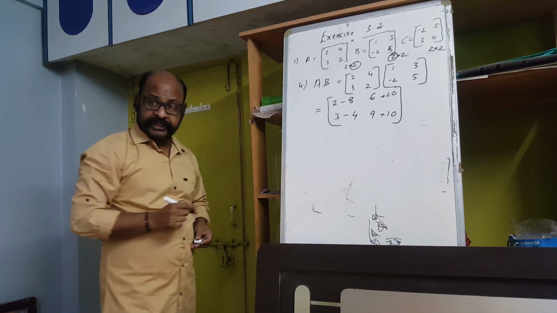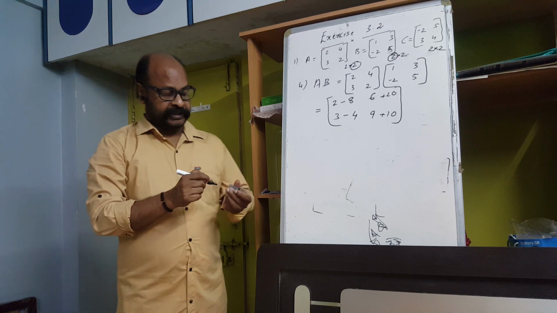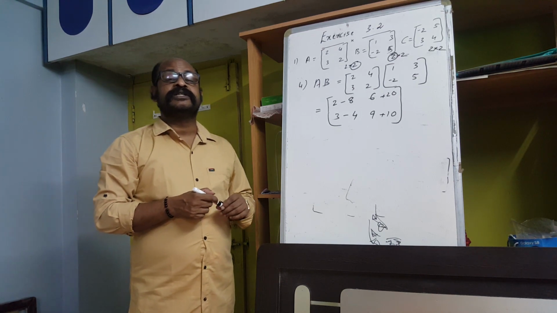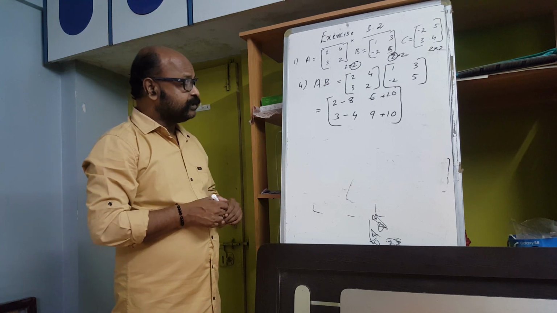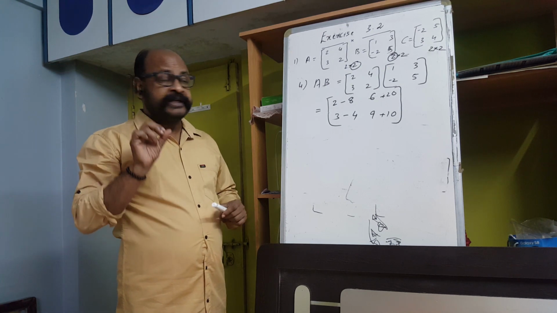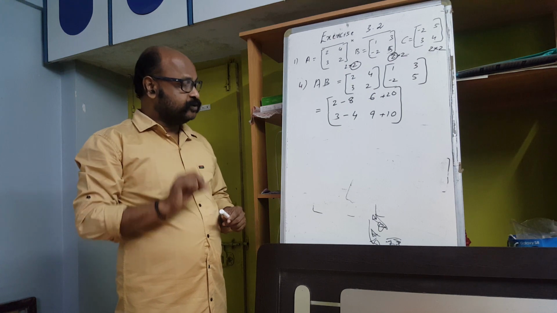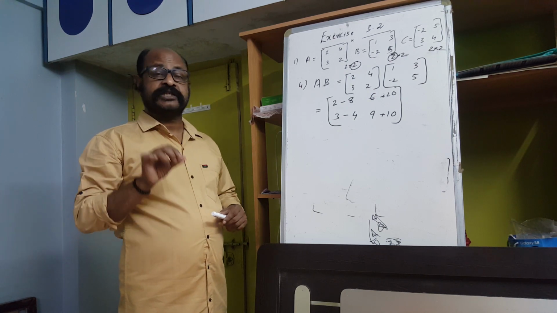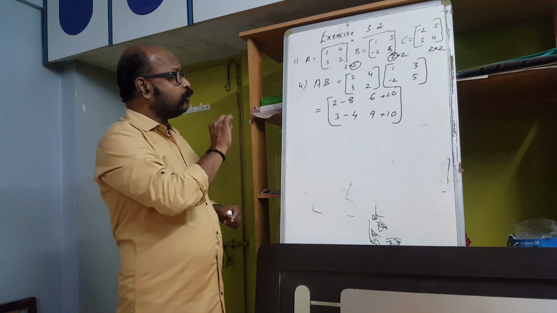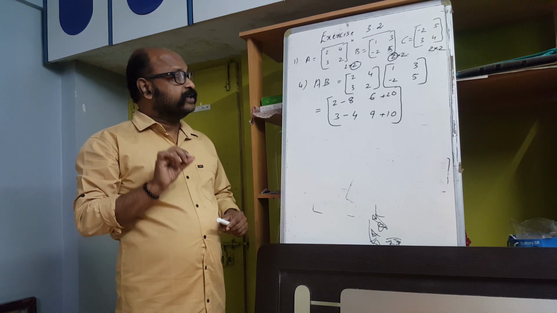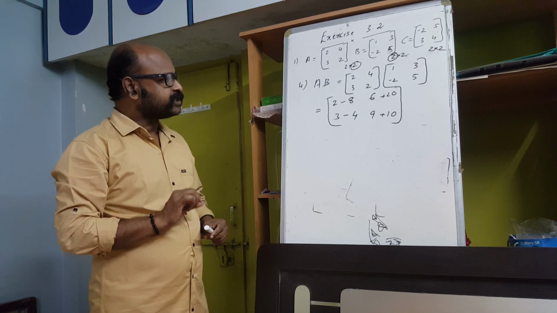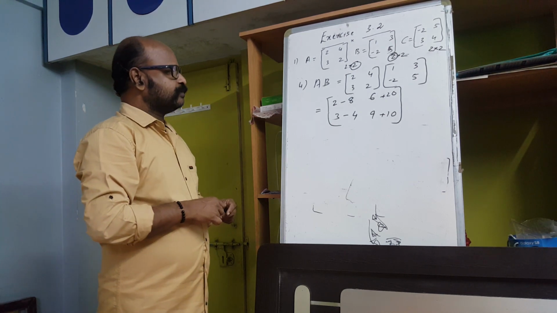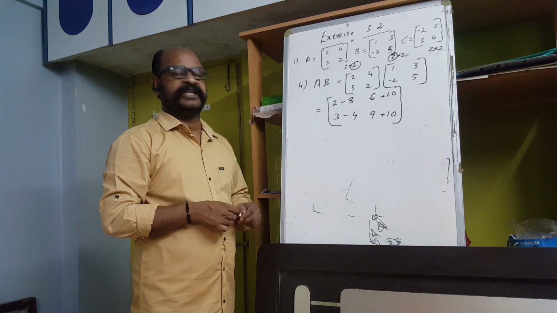So as I mentioned in the discussion of matrices, this multiplication is the most important operation. For understanding the chapter thoroughly and for solving the problems of this chapter, it is necessary to understand the operation multiplication very clearly. So as it is the first question, I just repeat how you obtain a product AB.